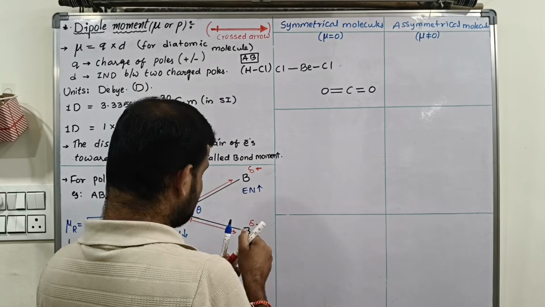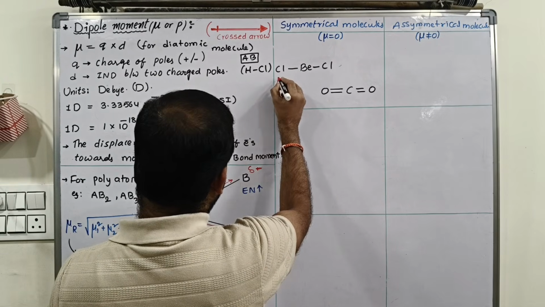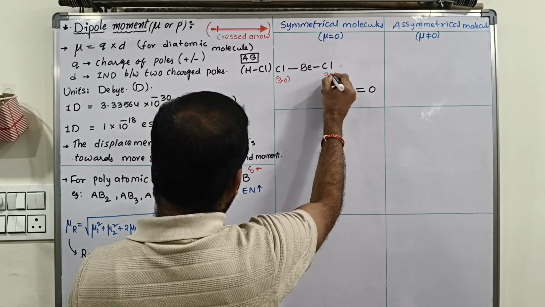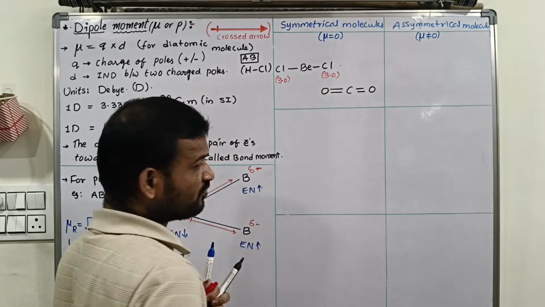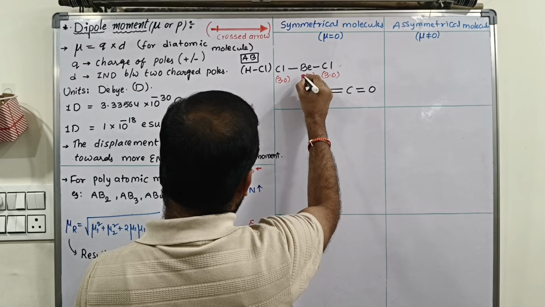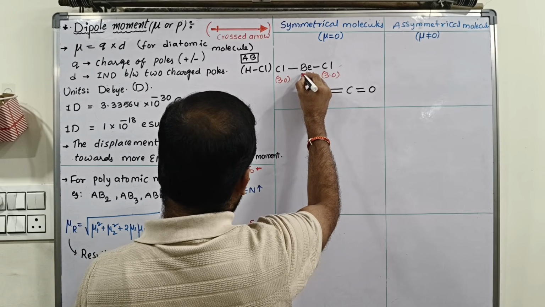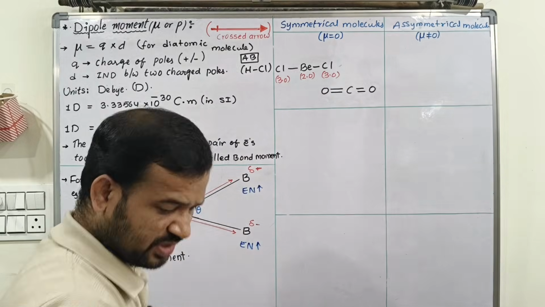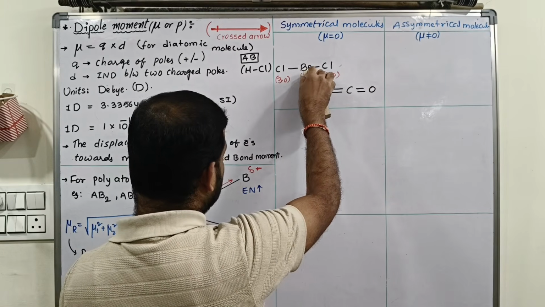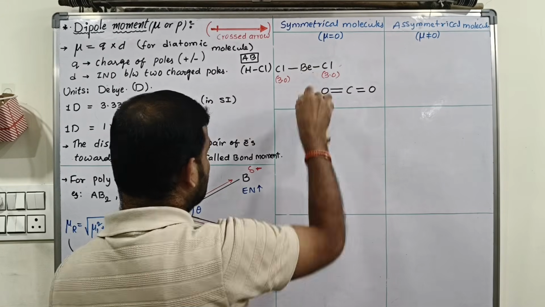So here the electronegativity of fluorine is 3. The electronegativity of beryllium is 2, or 1.5, 1.5 I think. Carbon is 2.5, boron is 2, and beryllium is 1.5.